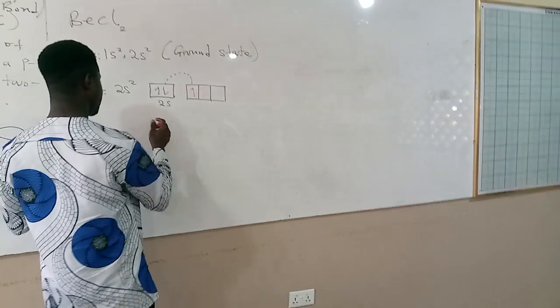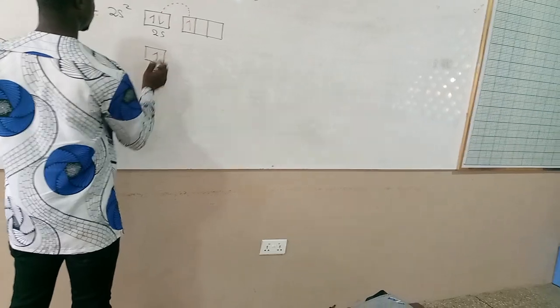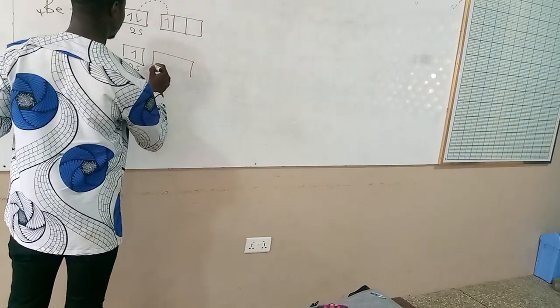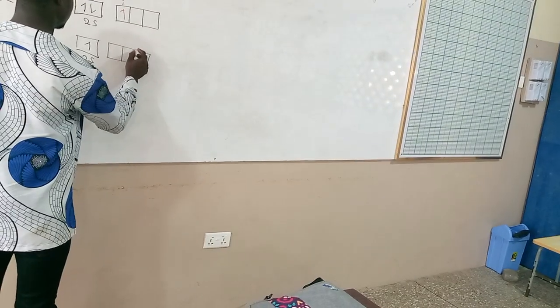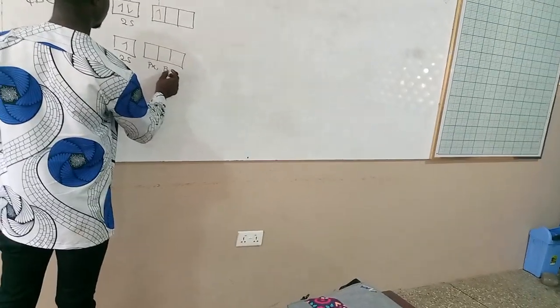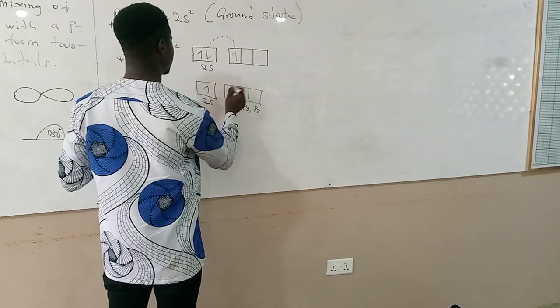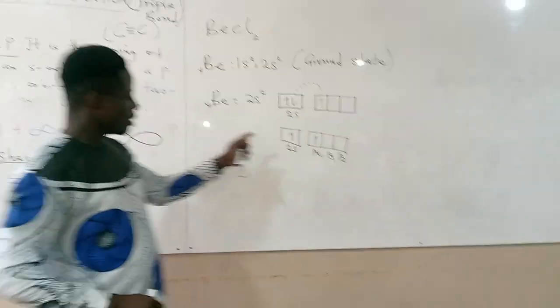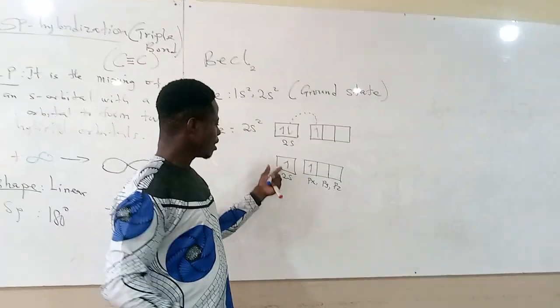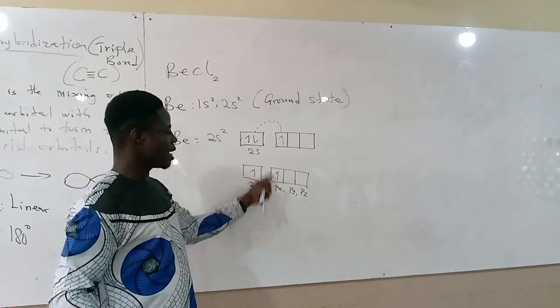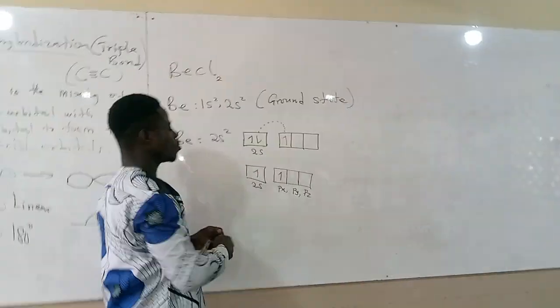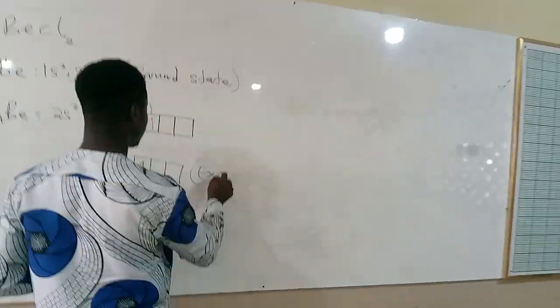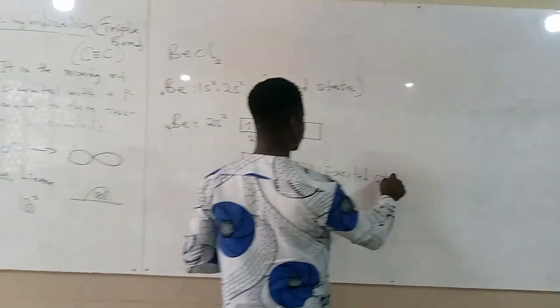So in actual sense, this is now behaving like this. So this is what we are getting. These are empty orbitals. And so we have 2s1 and 2px1. So this is called an excited state. This is the excited state electronic configuration.